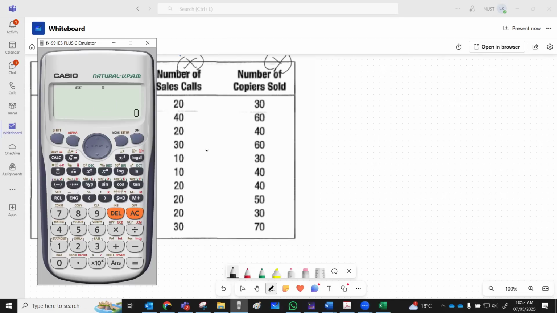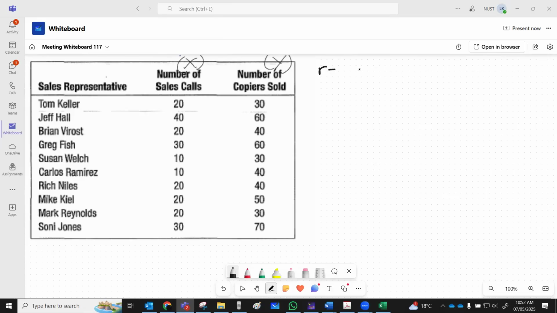All right, so we're first going to use our formula and then we'll check what the calculator gives us, to make sure we have done the correct thing. So our formula for r is Sxy over the square root of SSxx times SSyy.